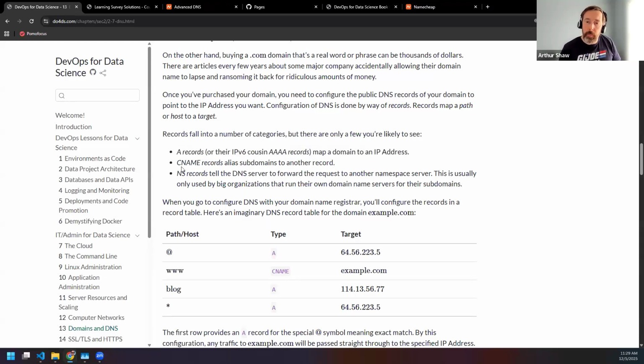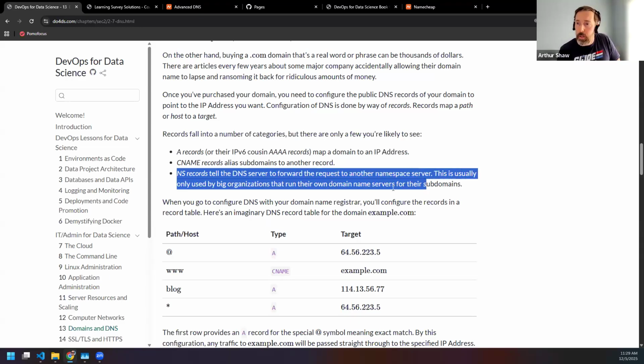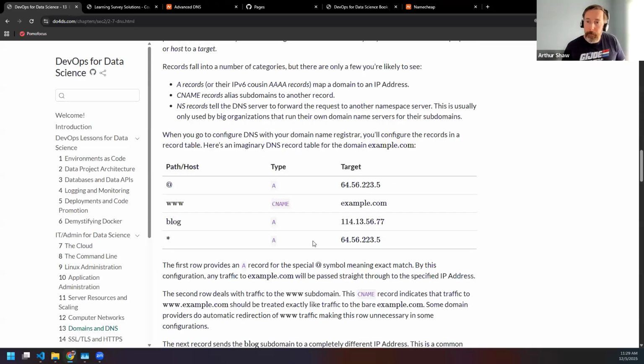So if you expect people are going to come to your website through different subdomains, with or without www, or maybe you have other prior subdomains and you want them all to be routed to the same place, you can use a CNAME. NS records tell the DNS server to forward the request to another namespace server. Okay, I probably won't be using that.